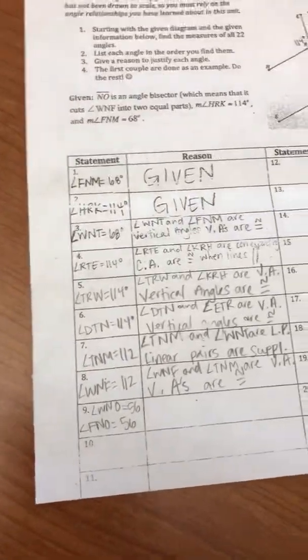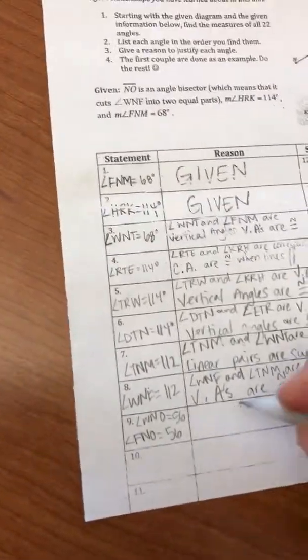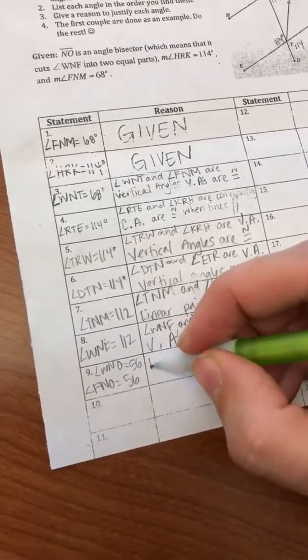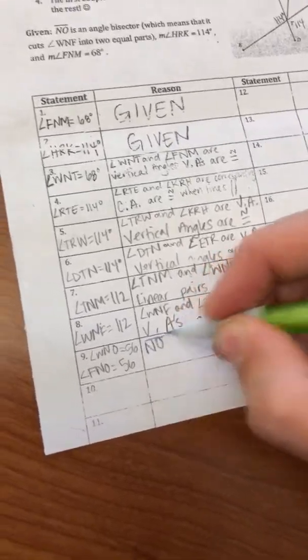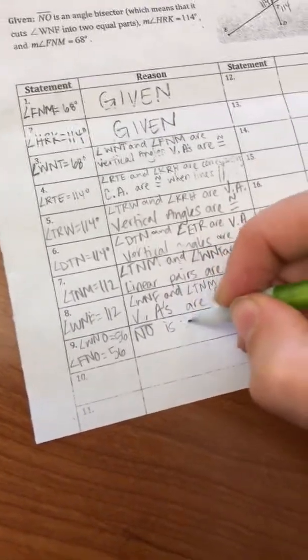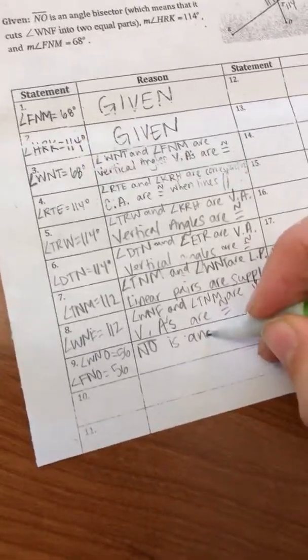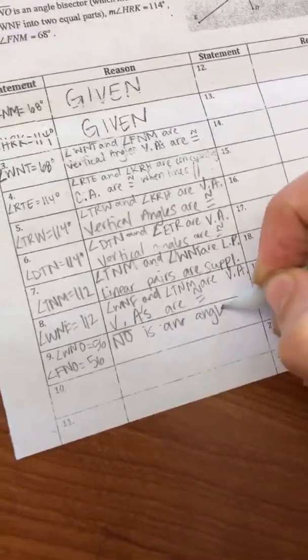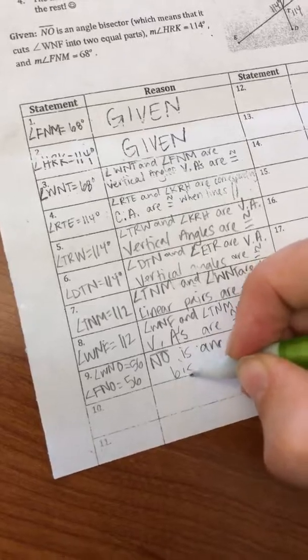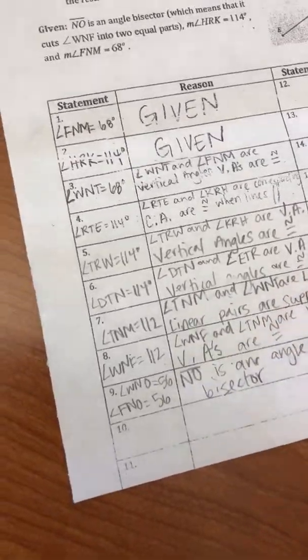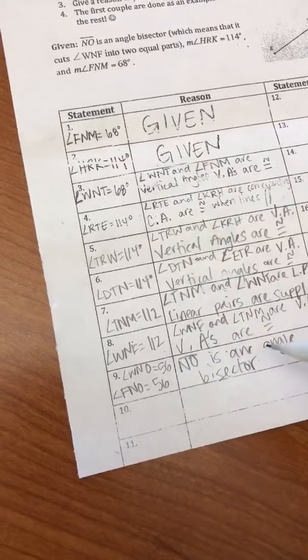If you didn't understand how to do it, no problemo. I'm gonna write my reason here: because NO is an angle bisector. So I first had to find the big angle, then I found the measurements of the small angles because of the angle bisector. Okay, so I'm gonna keep going now.